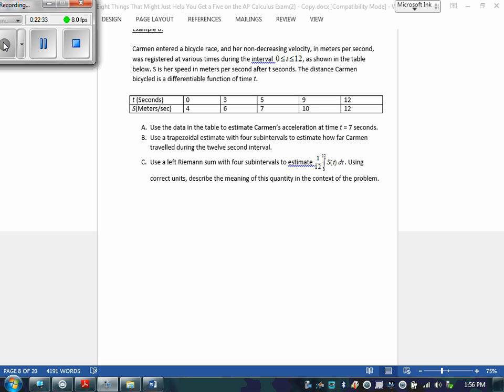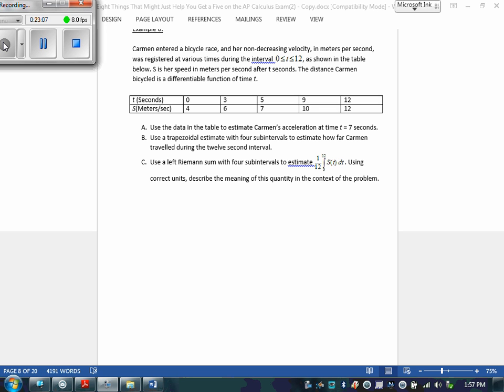Okay? So what's the slope of my velocity, or the rate of change in my velocity, the same as? The derivative or the acceleration, isn't it? The rate at which my velocity is changing, the derivative of my velocity, isn't that the same as acceleration? So can I use the 2 points that are closest to t equals 7 and find the slope of my velocity?